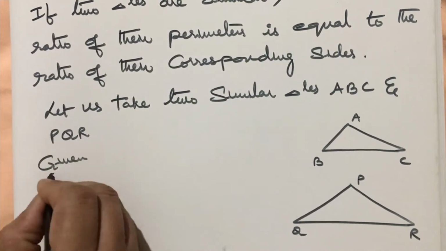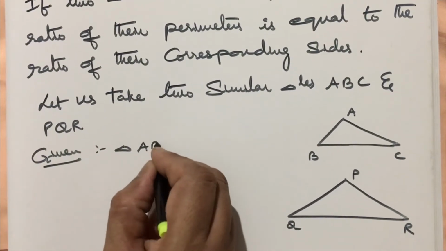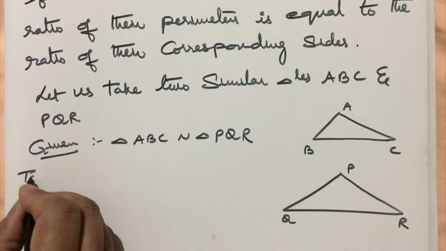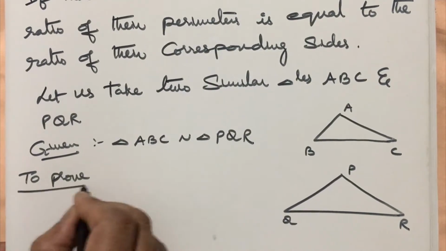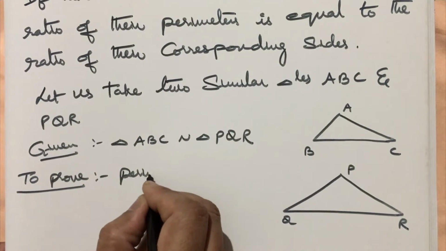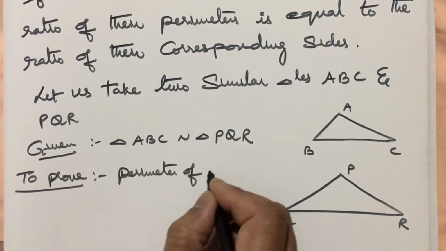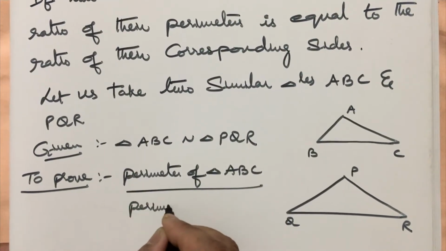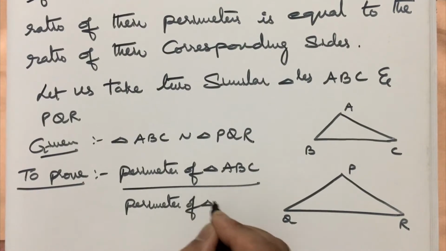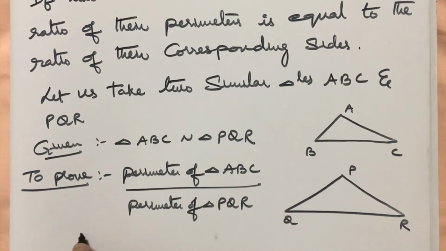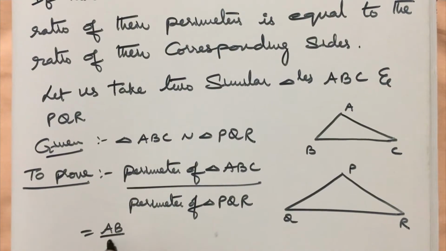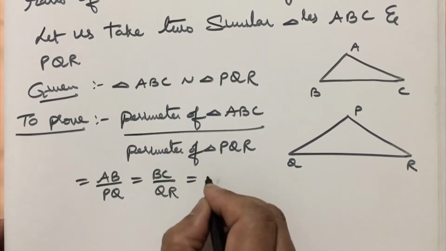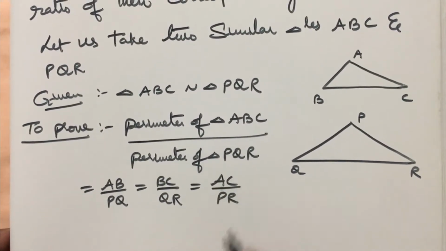Here it is given that triangle ABC is similar to triangle PQR. What to show? We have to prove that perimeter of triangle ABC by perimeter of triangle PQR is equal to AB by PQ, BC by QR, that is equal to AC by PR. We have to show this one.